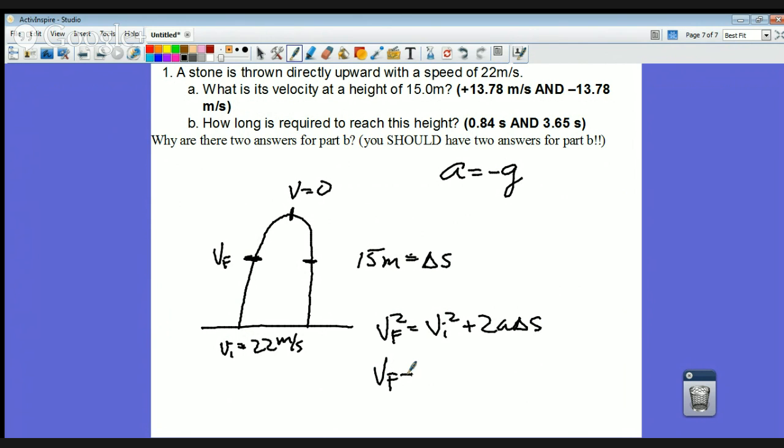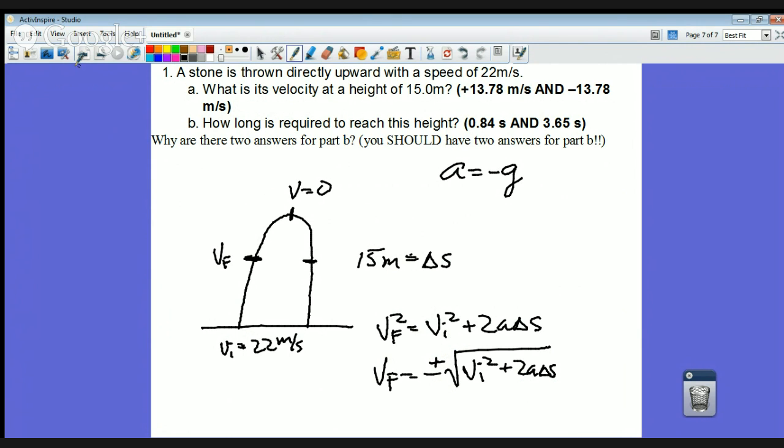So vf is the square root of this stuff, and there's a positive and a negative for that. When you take the square root, remember, whatever you got, it could have been positive 13.78, and if you squared it, you would have what's inside here. Or it could have been negative 13.78, and if you squared it, you would get what's inside there because the negatives cancel. So there are always two answers that come out when you take a square root.